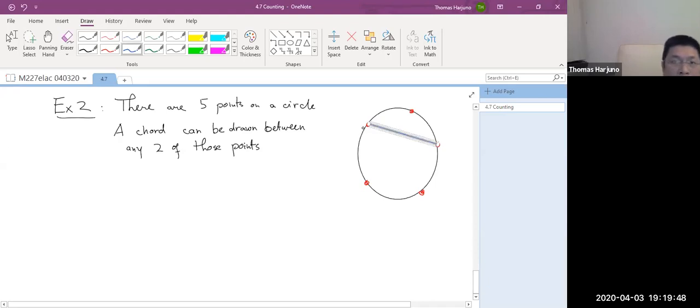Okay, we can do more. This is another chord. Now the question is how many chords possibly drawn?